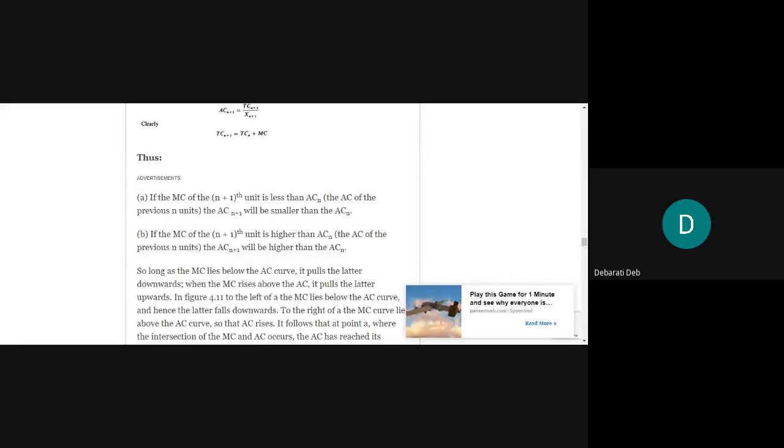Average will be smaller, right? And the second point is, if the MC of the n plus 1th unit is higher than AC, then obviously ACn plus 1 will also be higher.